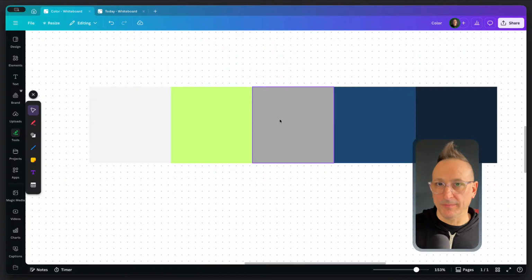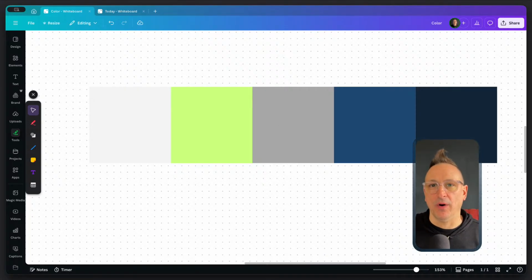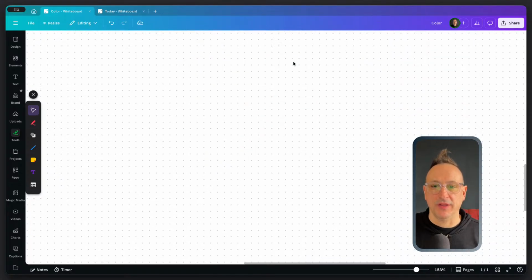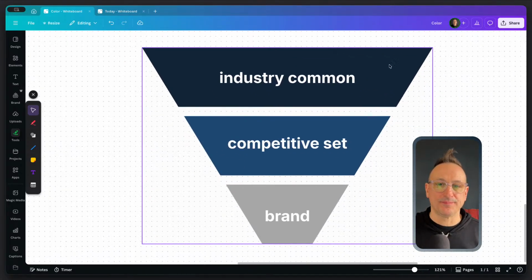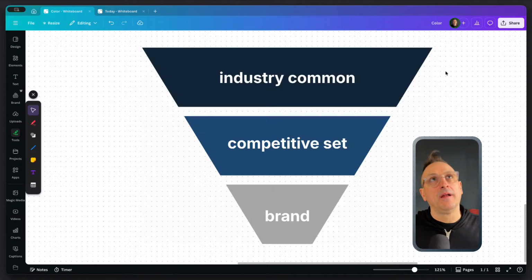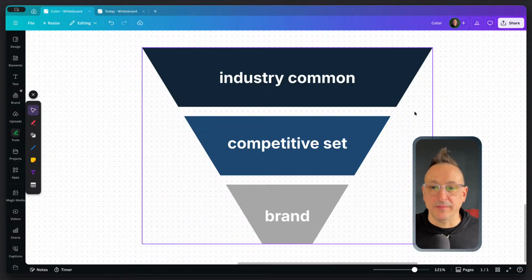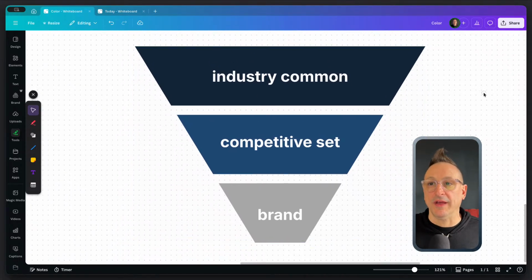Now, how do I pick these colors for a brand? And this is the way I want you to think about it. Okay. So there are industry common colors. Not every industry has them, but most industries do. The idea is, think of banks. They're almost always blue or green. Once in a while, you have one that wants to stand out, and it's orange.